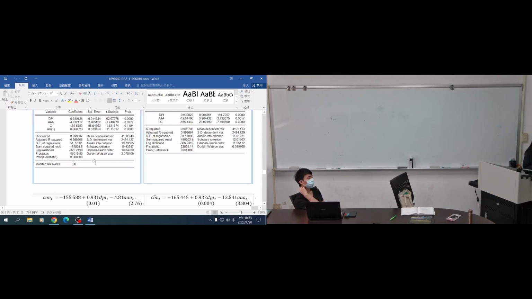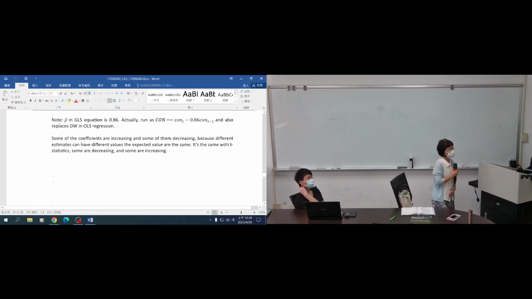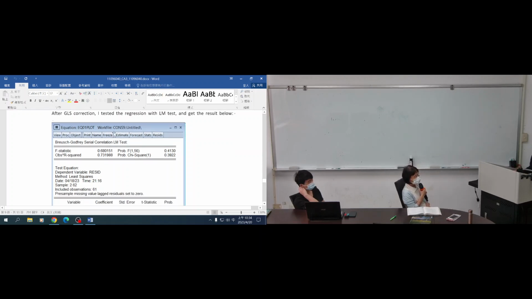There's a new Durbin-Watson statistic here, right? And after the GLS transformation, does the serial correlation still appear to exist? After the GLS correction, I test the regression with the LM test again and get the result here.